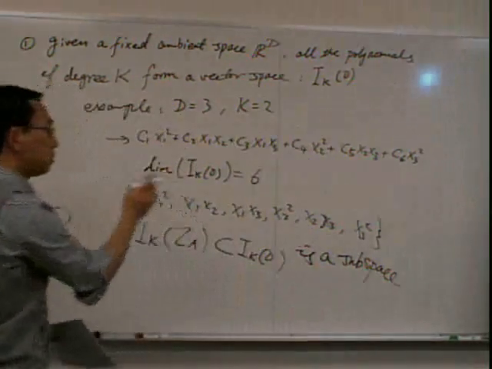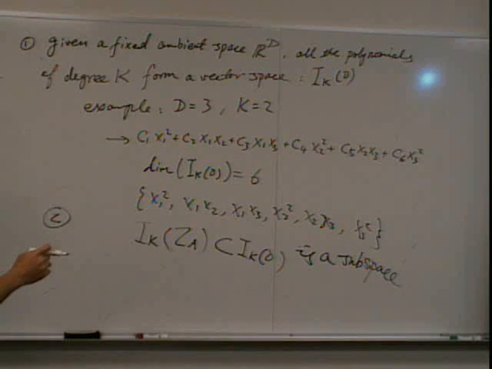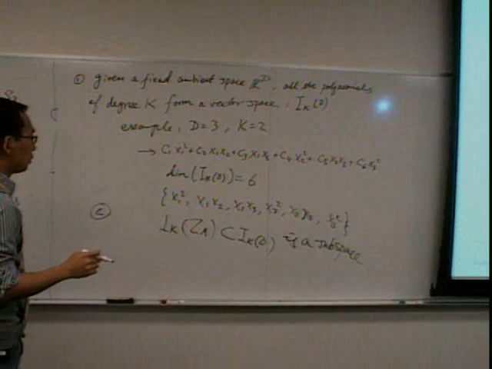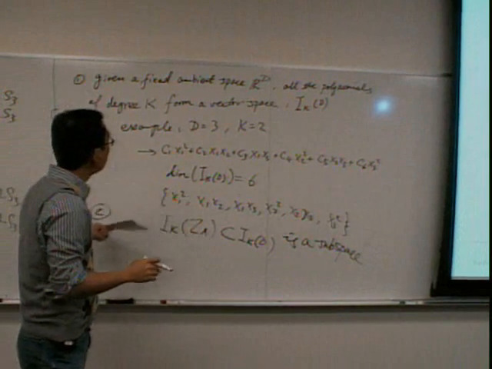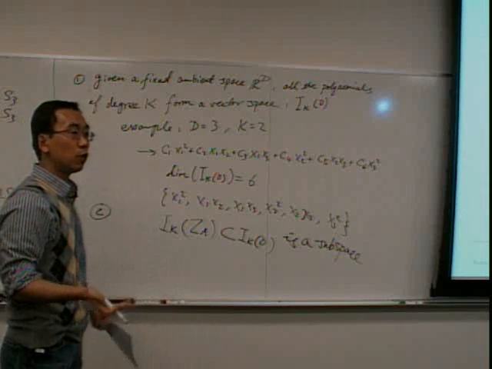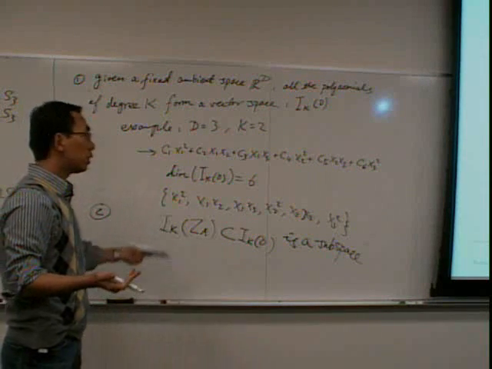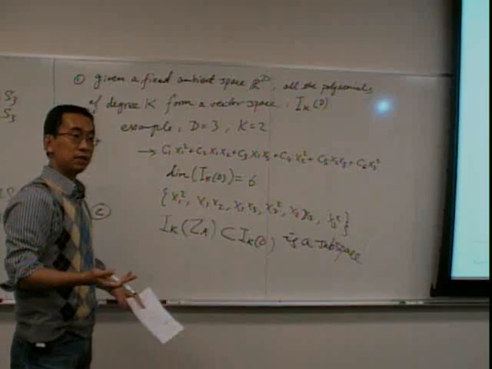So why is this a subspace? Because, as we have just shown many times, any vanishing polynomial of degree k is a linear combination of all the monomials, right?